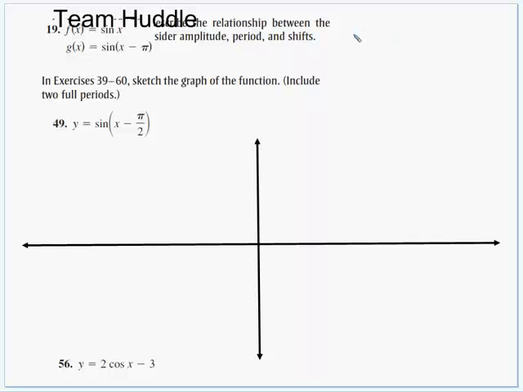For this function, our amplitude, the number in front of the sine function, is 1. The period, 2 pi divided by the 1 in front of x, is 2 pi. And then we have this shift, negative pi over 2 radians.